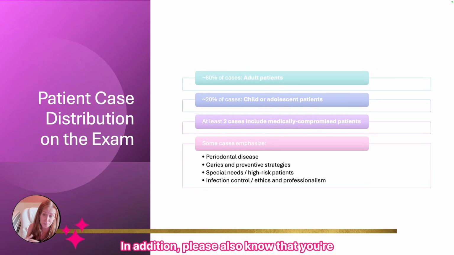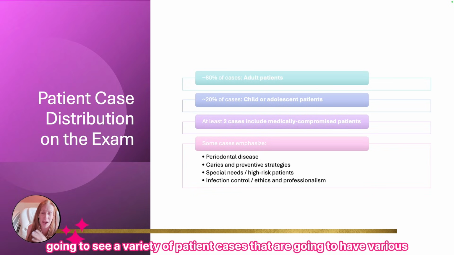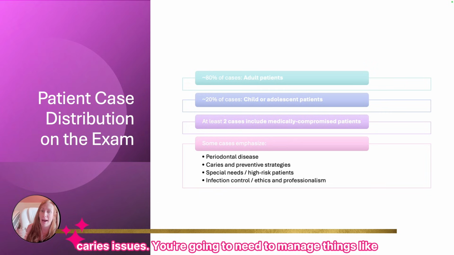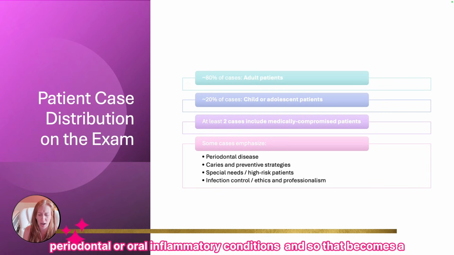In addition, please also know that you're going to see a variety of patient cases that are going to have various oral health challenges. So you're going to need to manage things like pathologies, caries issues. You're going to need to manage things like periodontal or oral inflammatory conditions.